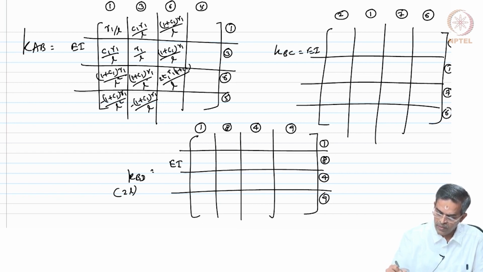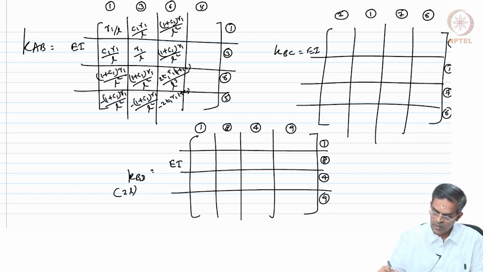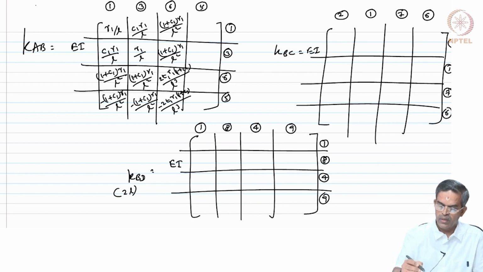I am sorry. And this is L cube, minus 2 T1 R1, 1 plus C1 by L cube. And the fourth column is of course negative of the third column.